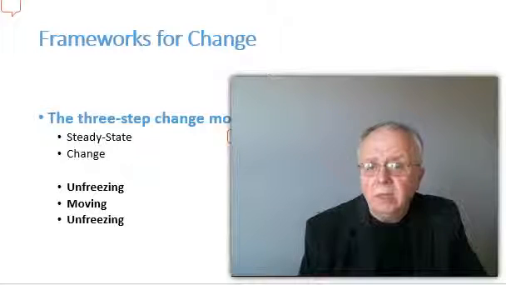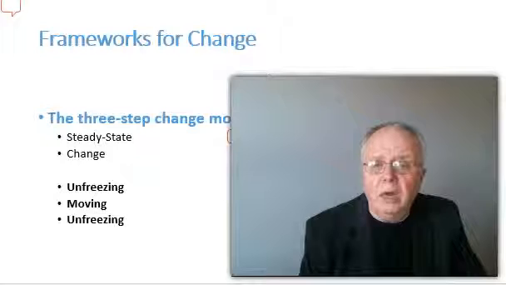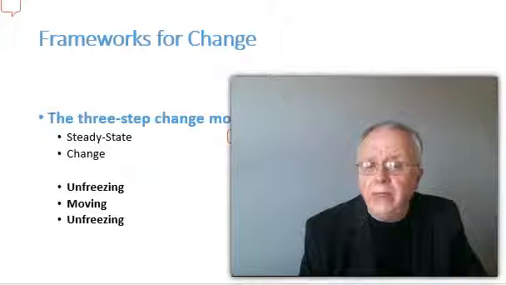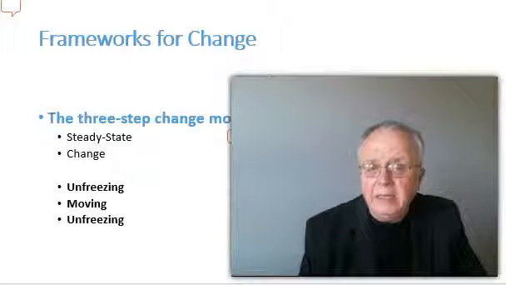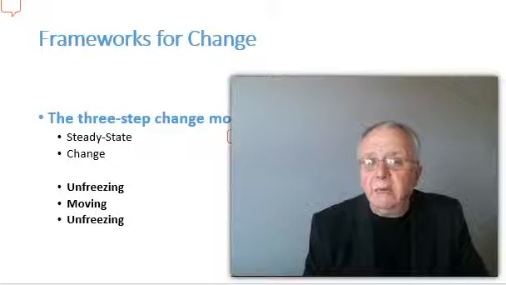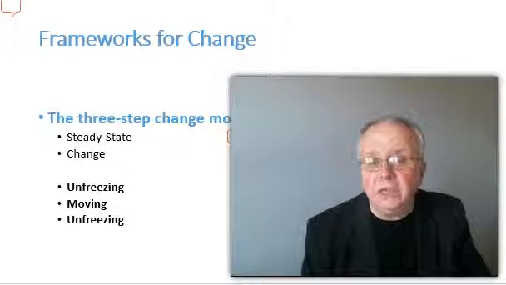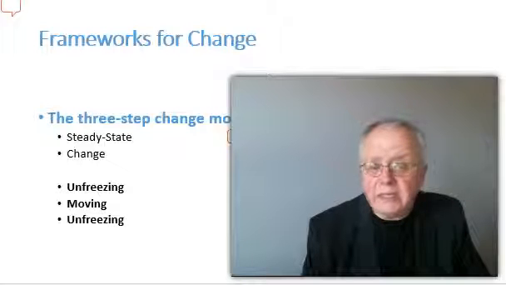When both sets are about equal, the current behavior is maintained in what Lewin, who originated this idea, termed a state of quasi-stationary equilibrium. So we reach a steady state where nothing is actually going on.